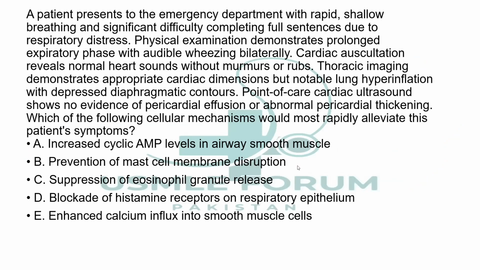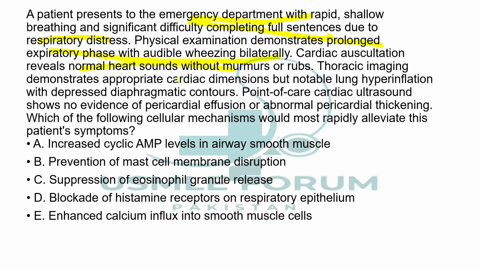All right. So moving on, a patient presents to the emergency department with shallow breathing and difficulty completing full sentences. He's in respiratory distress. Physical examination demonstrates prolonged expiratory phase with audible wheezing. Cardiac auscultation reveals normal heart sounds.